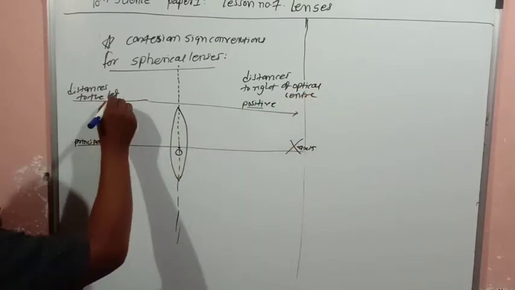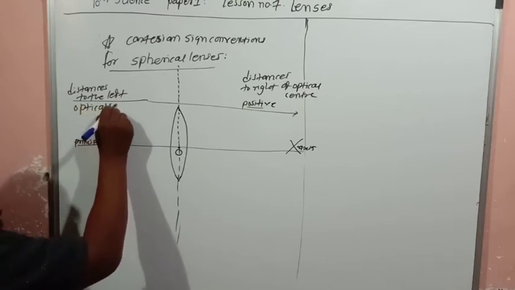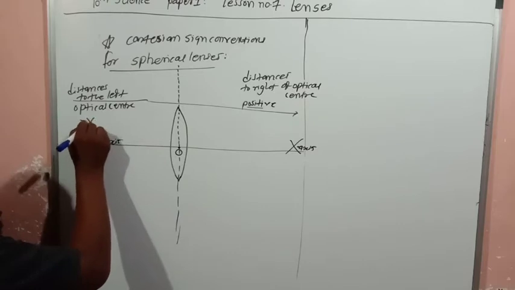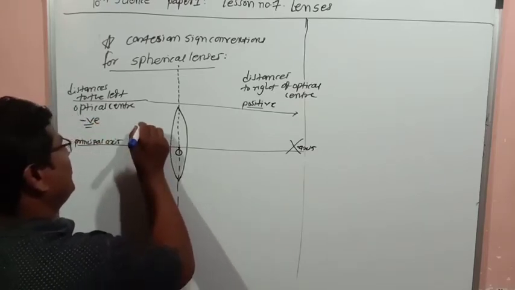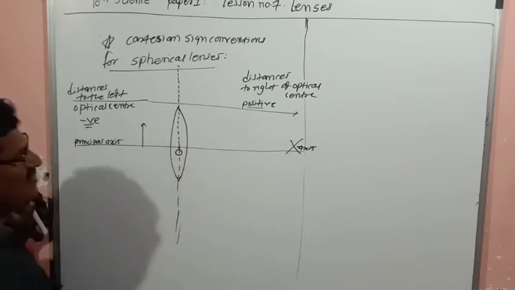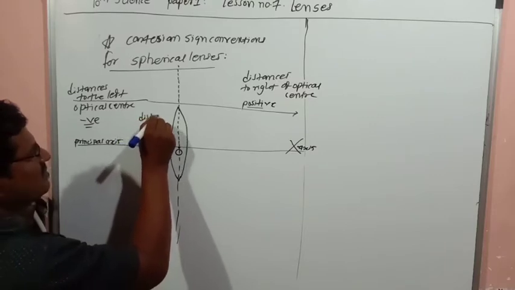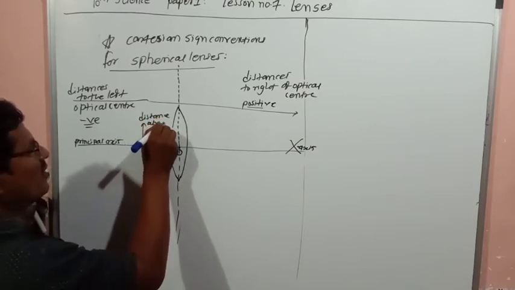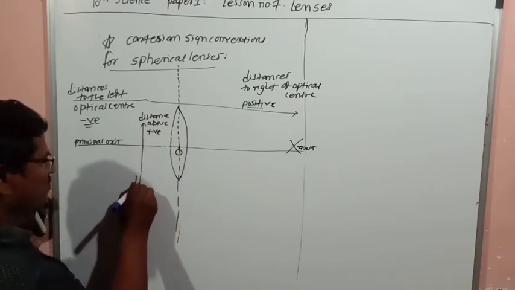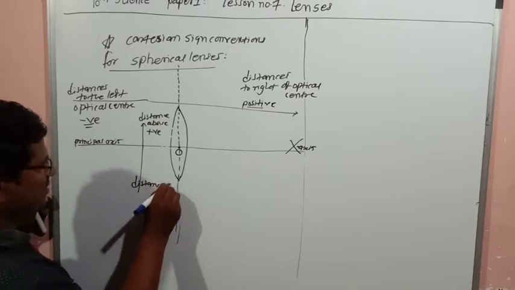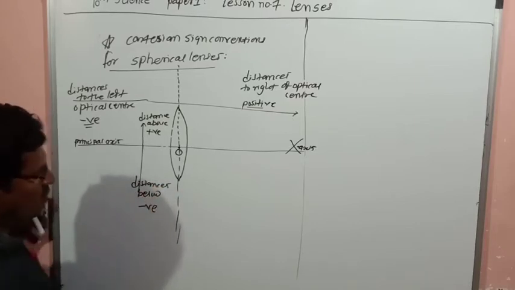Distances to the left of the optical center are taken as negative. Distances perpendicular and above the principal axis are taken as positive. Distances below the principal axis are taken as negative.